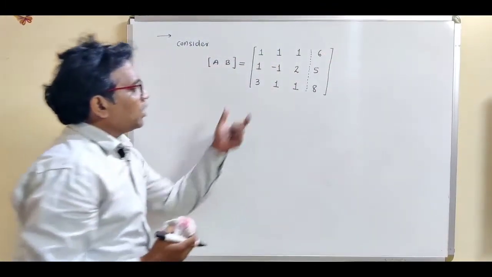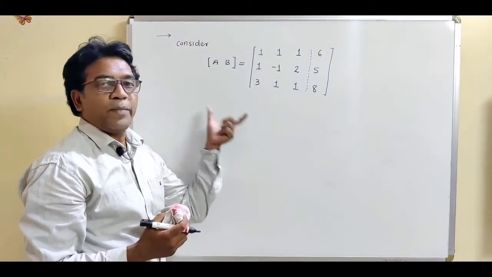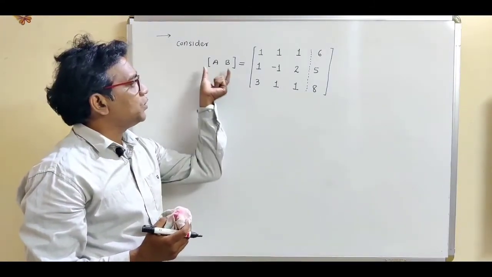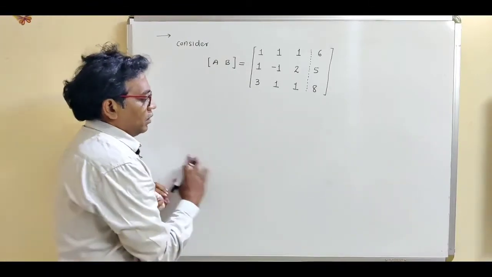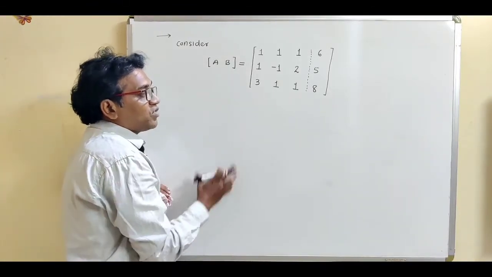This total matrix is called the augmented matrix, and it is denoted by AB. Now see what is the method.